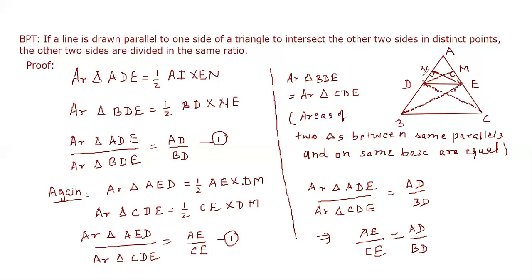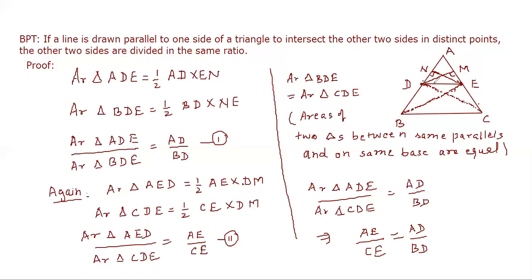So this was our purpose. AE to EC, CE or EC, both are equal. So both mean the same thing. And AD to BD. The statement was, if a line is drawn parallel to one side of a triangle, here this is triangle ABC in which this line is drawn parallel to BC to intersect the other two sides in distinct points.